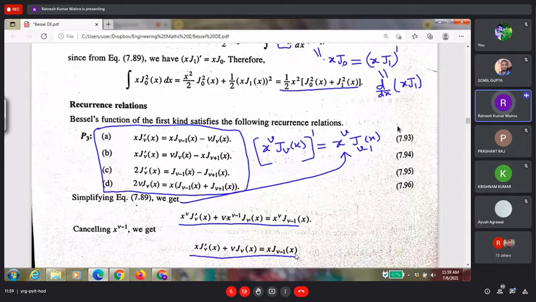After the cancel, in both sides x के power v minus 1, we will get this one. Now what we write, this term and this term, write one side, and this goes to the right side.